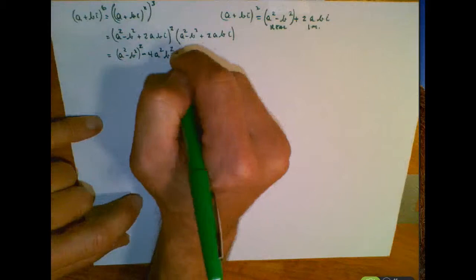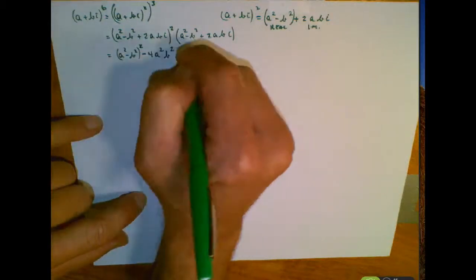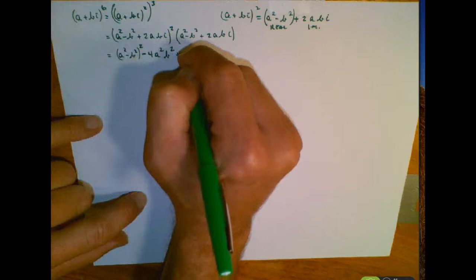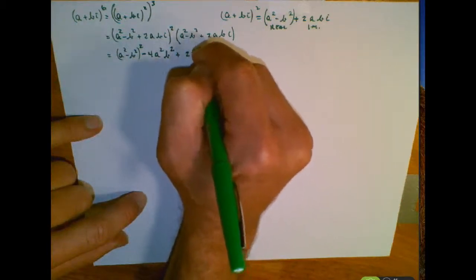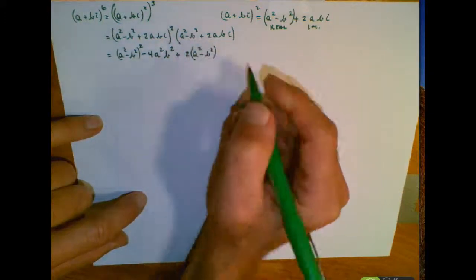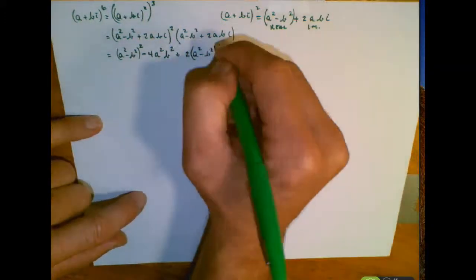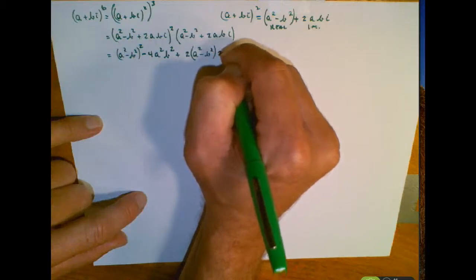And then I'm going to add 2 times my a. Notice I'm talking about an a now from Algebra 1, and then a b, which is from Algebra 1.